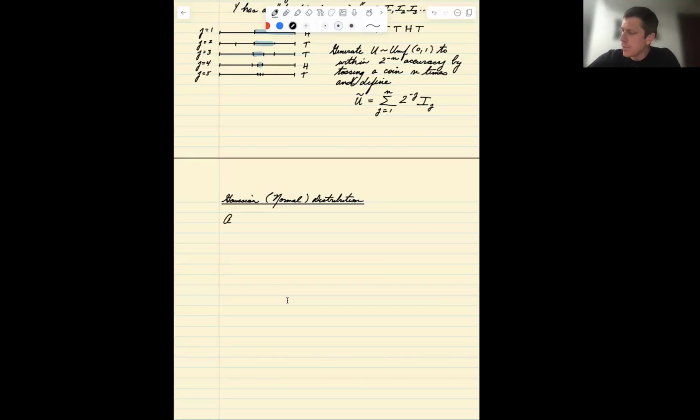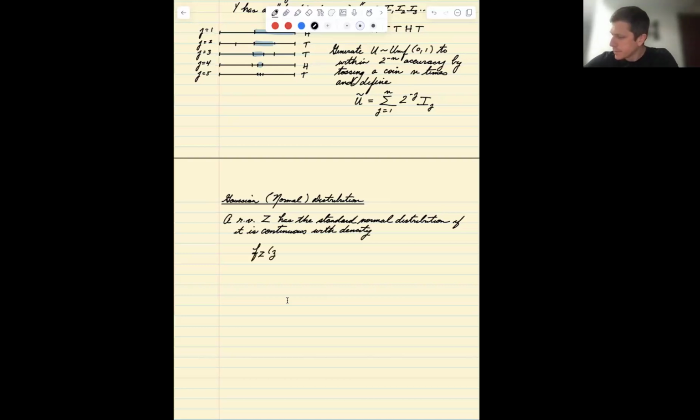So a random variable z has the standard normal distribution if it is a continuous random variable with density as follows. It's 1 over square root of 2 pi. That's just a normalizing constant.